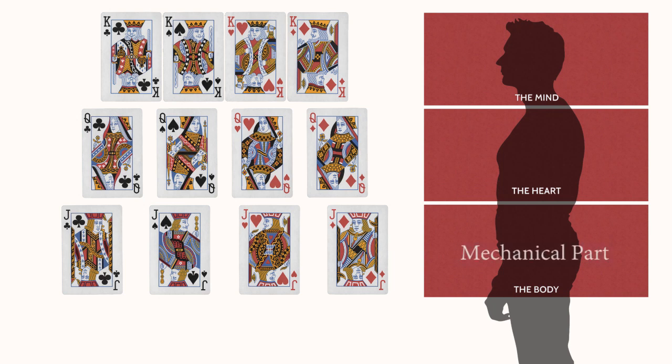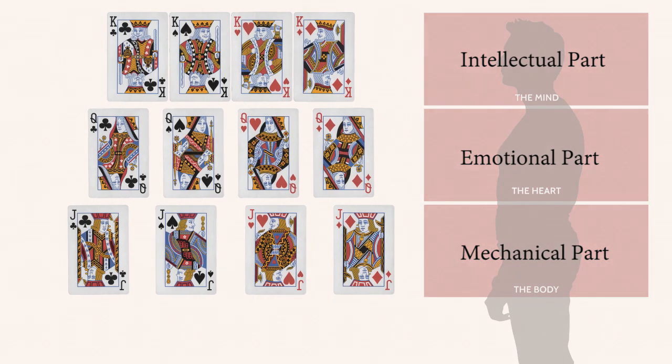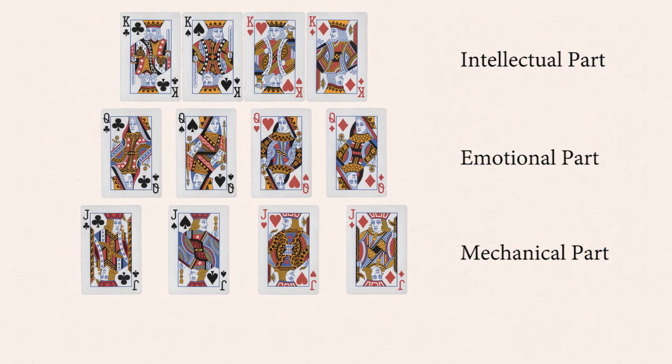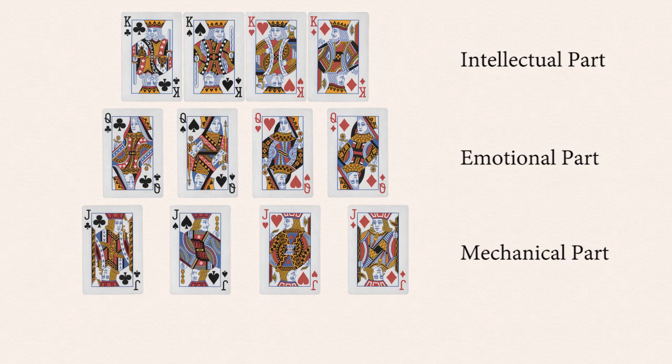A mechanical part, corresponding to the body, an emotional part, corresponding to the heart, and an intellectual part, corresponding to the mind. The mechanical parts include the moving and instinctive principles together and will be designated by the jacks. The emotional parts will be designated by the queens, and the intellectual parts by the kings.